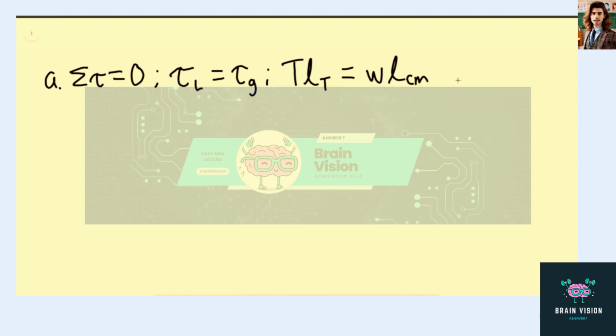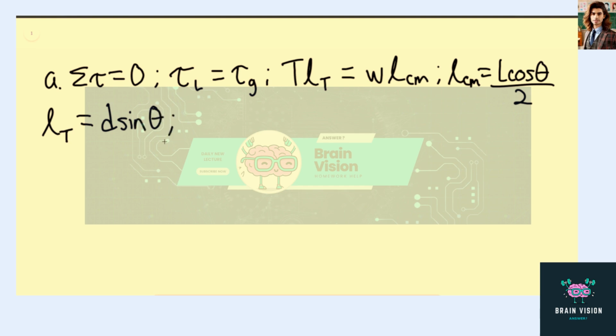We also know that the length of the center of mass is going to be equal to the full length times cosine theta divided by 2, or L over 2 times cosine of theta. We also know that L sub t is going to be equal to d sine of theta. So T d sine of theta is equal to the weight times L cosine theta divided by 2.